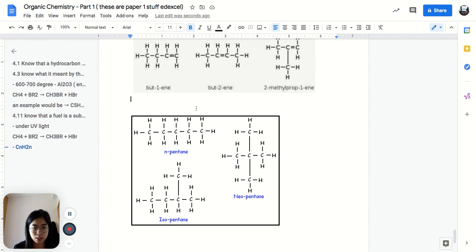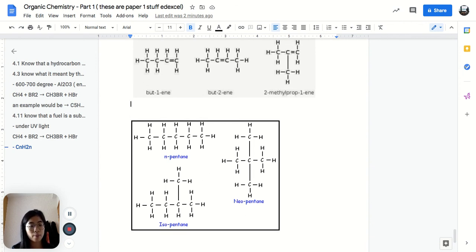You put the CH3 on the top of the third one, put this down, which will come up as this. So you can see they have the same molecular formula. They're all C5H12, but just different display formula, and that is what isomers mean. They have the same molecular formula, but different display and structural formula.